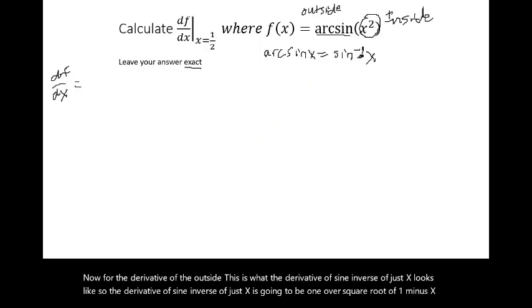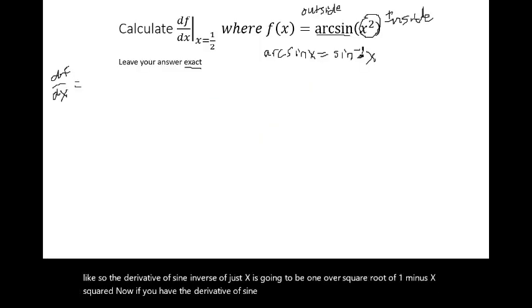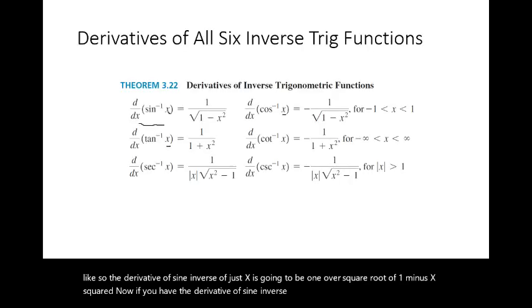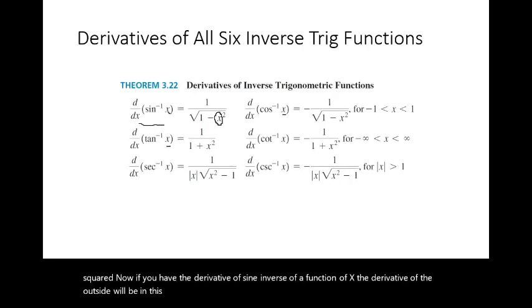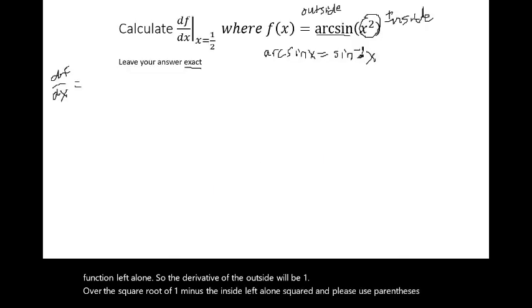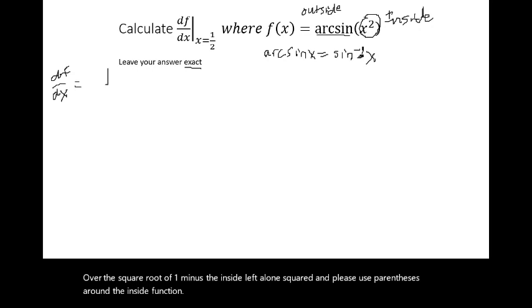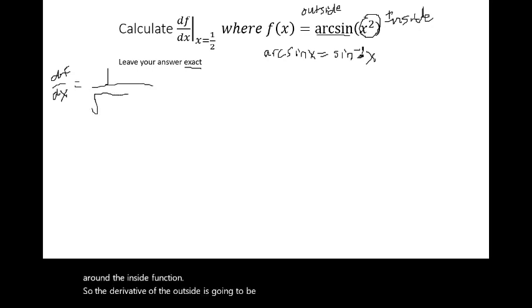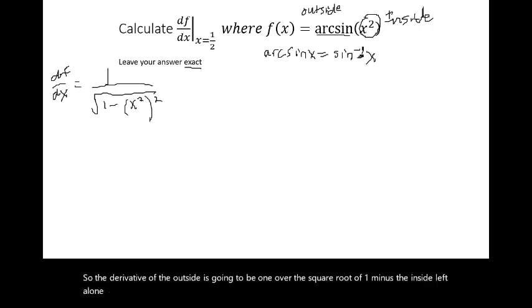Now, if you have the derivative of sine inverse of a function of x, the derivative of the outside will be in this format, except where you see that x right there, you will put the inside function left alone. So the derivative of the outside will be 1 over the square root of 1 minus the inside left alone squared. And please use parentheses around the inside function. So the derivative of the outside is going to be 1 over the square root of 1 minus the inside left alone with parentheses around it squared. So that's the derivative of the outside.